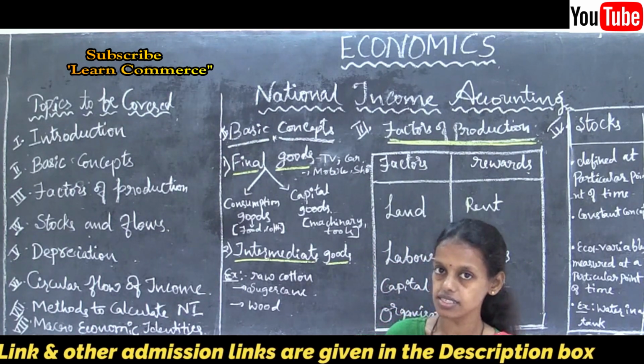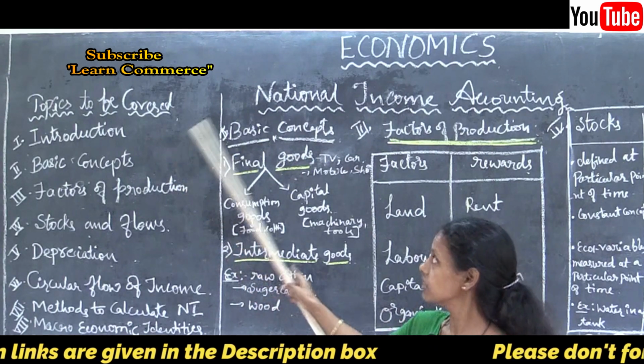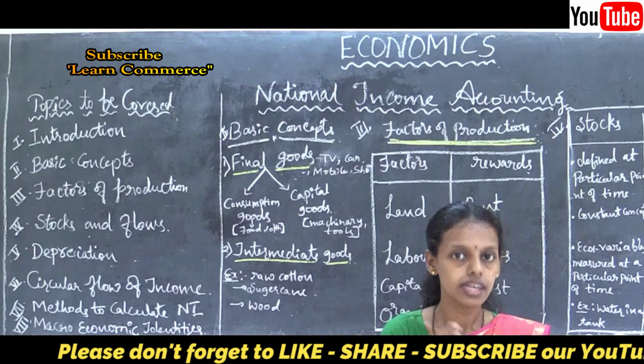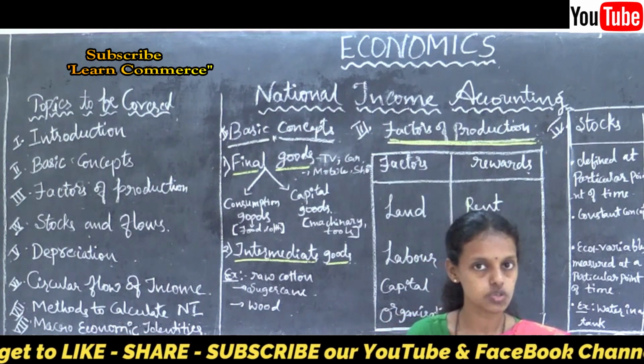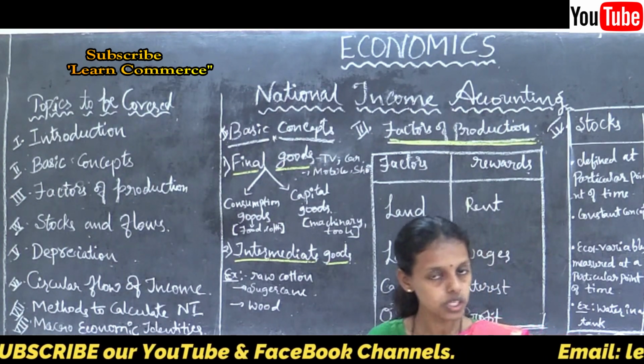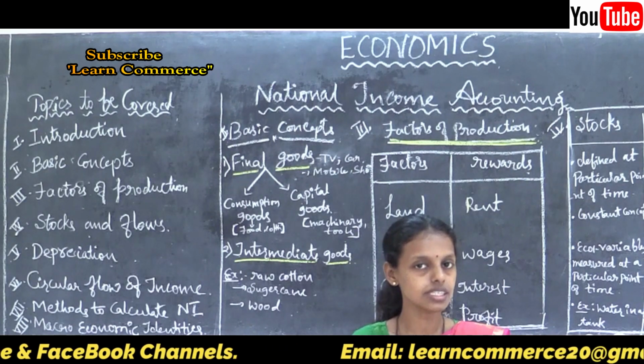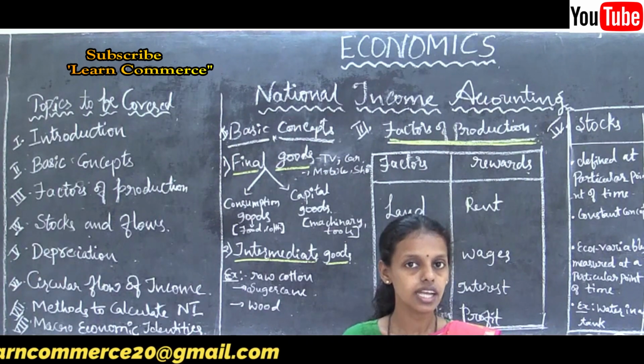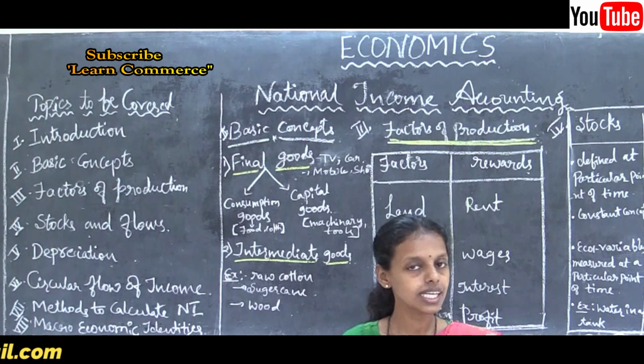So let us see what national income is. As an introduction, I will explain what national income is and its importance to economics and macroeconomics. As you studied in classes 9 and 10, national income is simply the income of a nation.